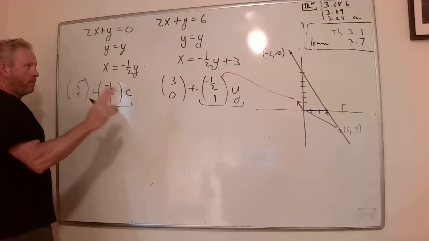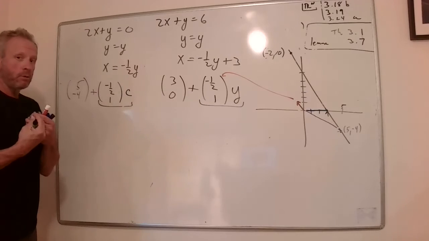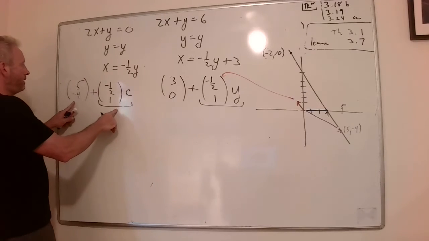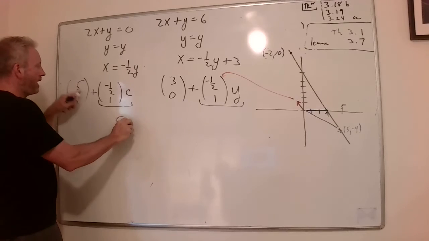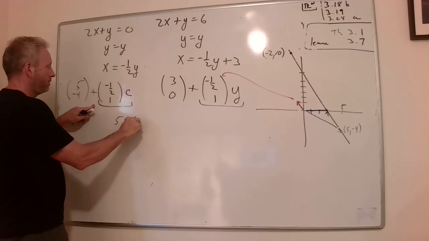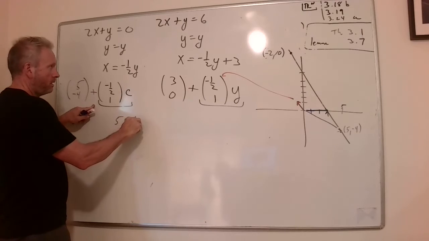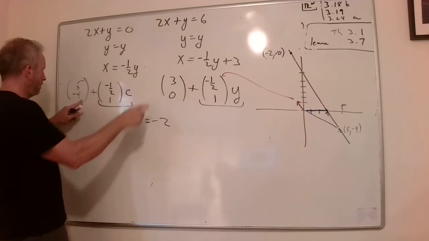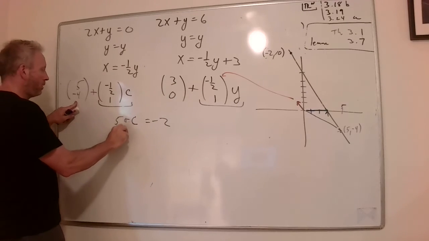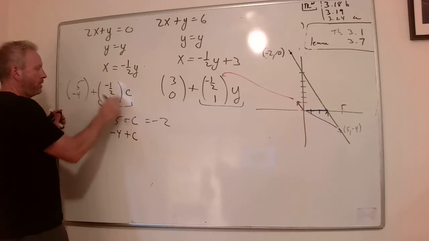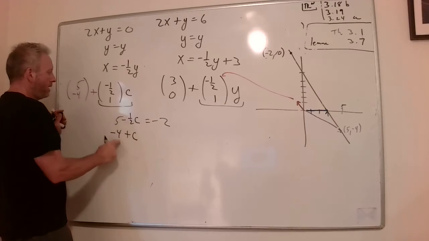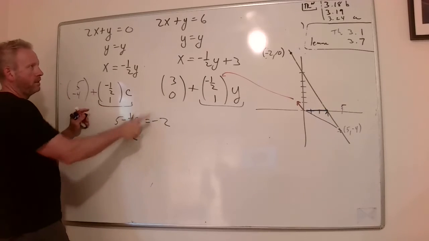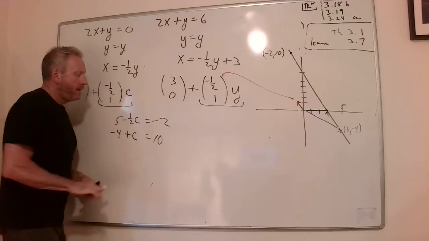And what Lemma 3.7 guarantees to us, or claims to guarantee, is that, let's go ahead and write this out. We'd have 5 minus c for the x. That should equal -2. And -4, oh geez, look, plus 1/2 c, minus 1/2 c. And then -4 plus c should equal 10.